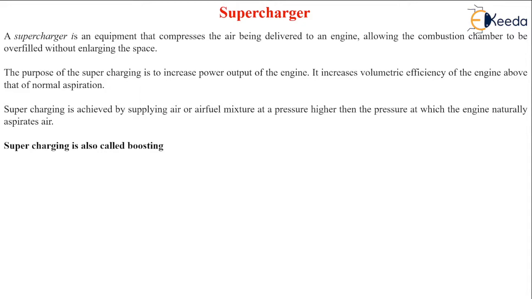We say that supercharging is achieved by supplying air in case of a CI engine, or if we are considering an SI engine, an air fuel mixture which is pre-compressed before delivering to the combustion chamber, so that the pressure is higher than the pressure at which the engine, both SI and CI, will naturally take in air or the air fuel mixture.